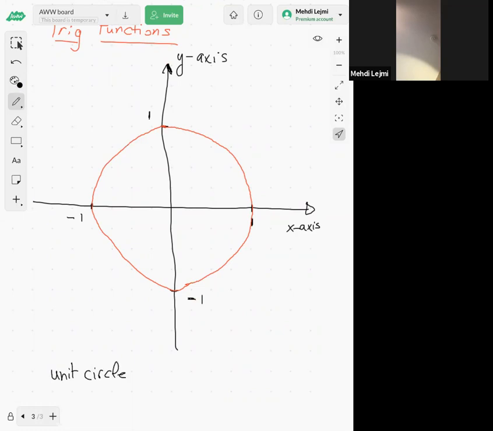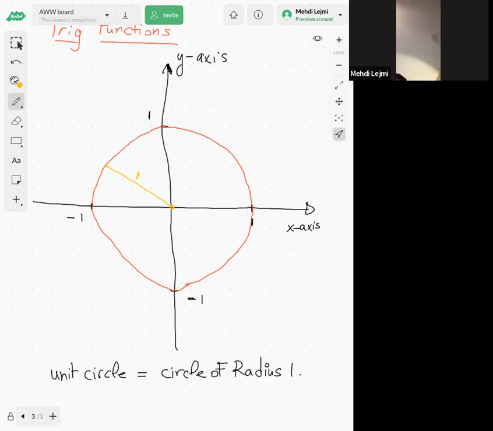So which means a circle of radius 1. If you go from the origin to any point of the circle, like here, then this distance, this yellow segment, has length equal to 1.